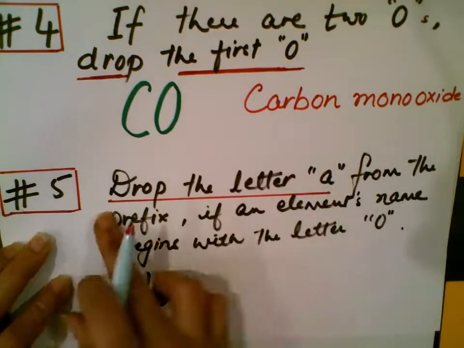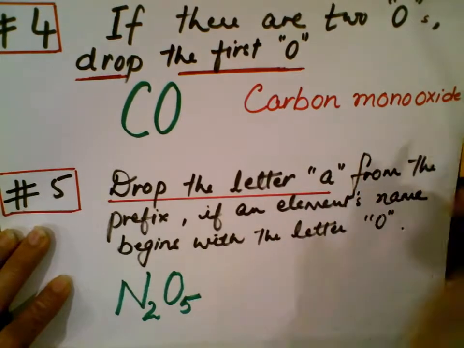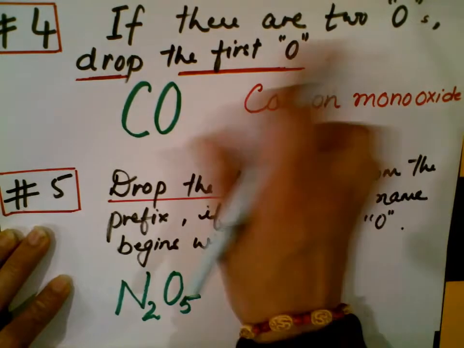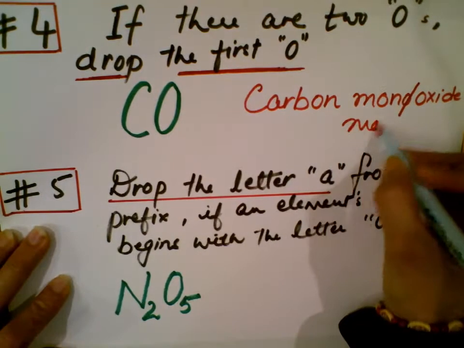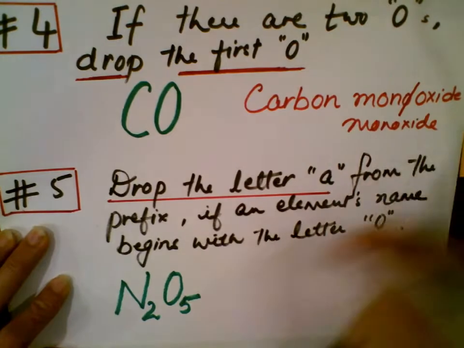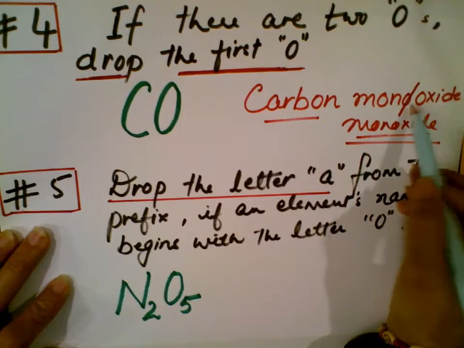If there are 2 O's, we cross out 1 O. So this is just monoxide. Carbon monoxide. Do not put 2 double O's.